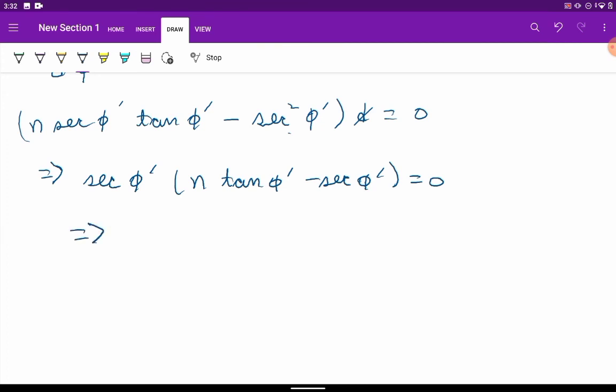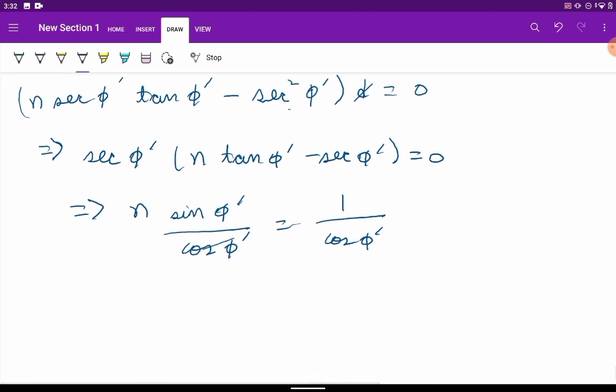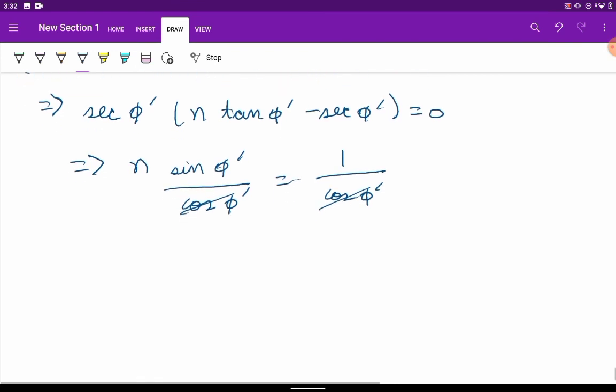So this just means n sin phi dash by cos phi dash is equal to 1 by cos phi dash. Now you can cancel out cos phi dash.